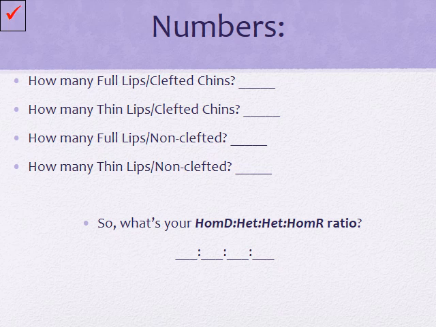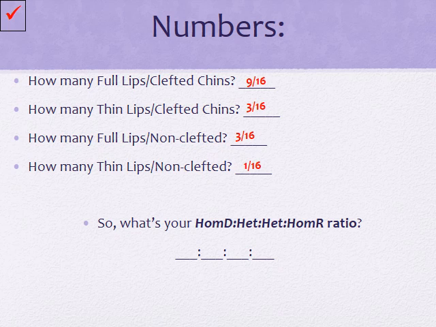If you go ahead and look back at it, full lips and clefted chin should have been 9 out of the 16. For thin lip and clefted chin, that should have given us 3 out of 16. For full lip, non-cleft, once again 3 out of 16, and for thin lip, non-clefted, so recessive, should have given us 1 out of 16.